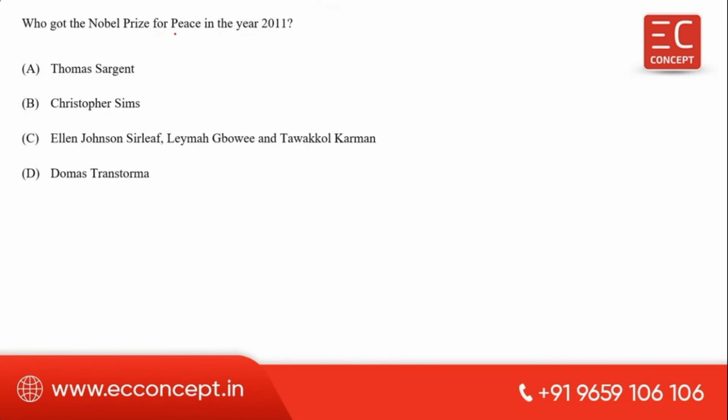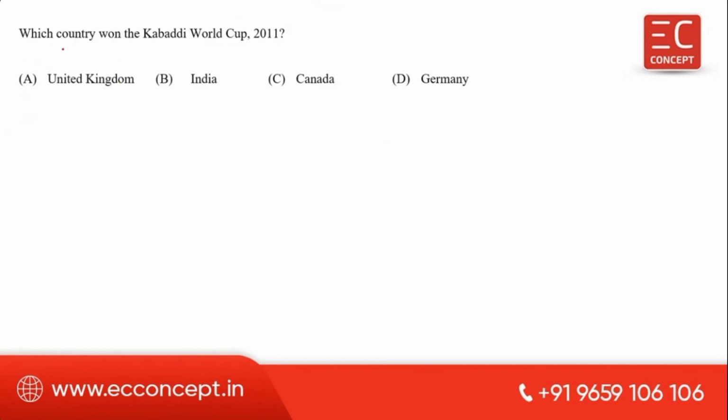Who got the Nobel Prize for Peace in the year 2011? Ellen Johnson Sirleaf, Leymah Gbowee, and Tawakkol Karman. So C is the answer. Next question. Which country won the Kabaddi World Cup 2011? So we people, that is India.